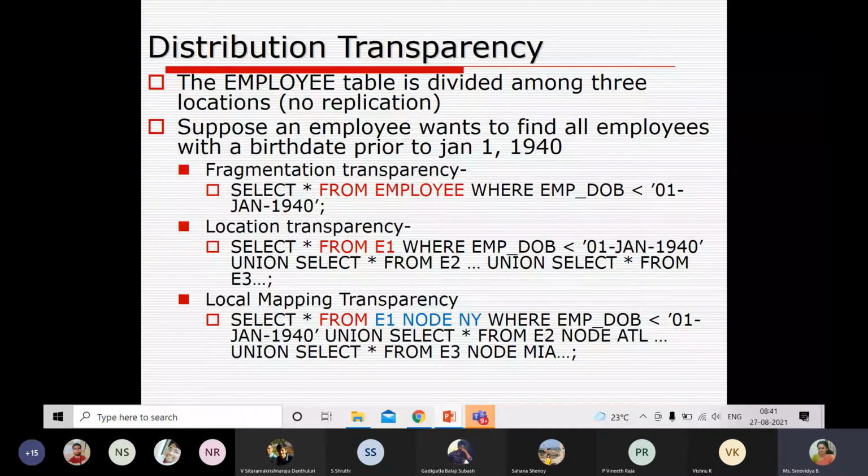If that's the way you design your structure, your distribution system has only location transparency, which means information about location is hidden from the user.